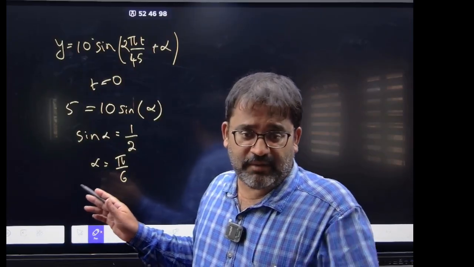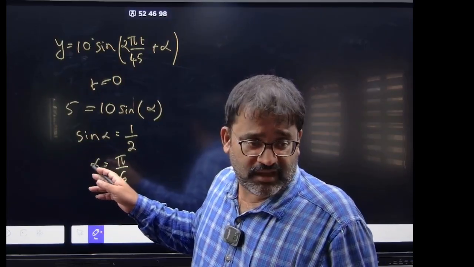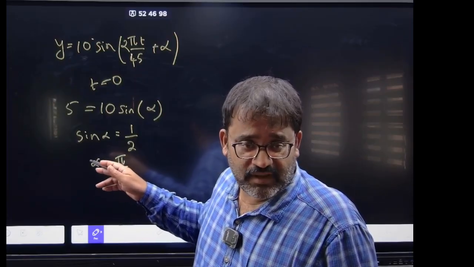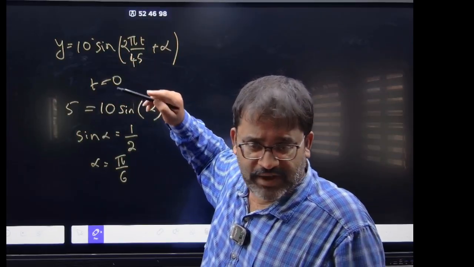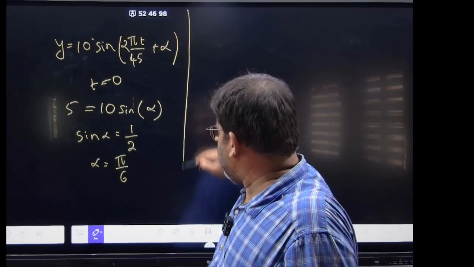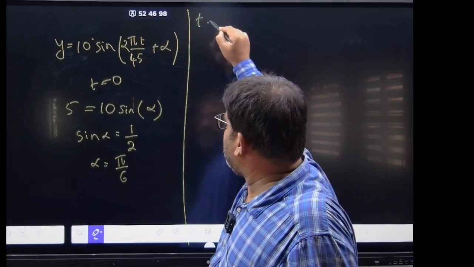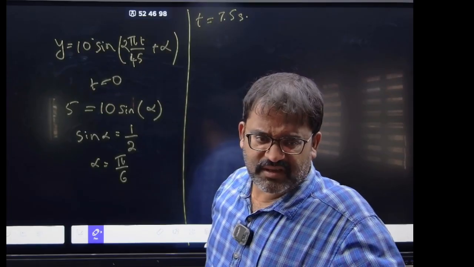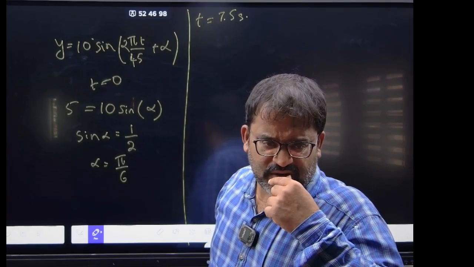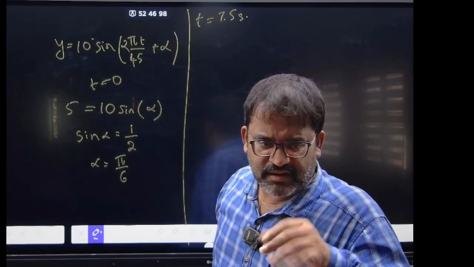Alpha is equal to pi by 6. But remember, this is not the total phase, because the total phase is this. Got it? Very good. Then what is the time at which I have to find it out? The time is 7.5 seconds.